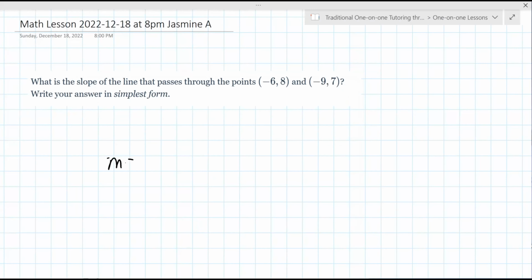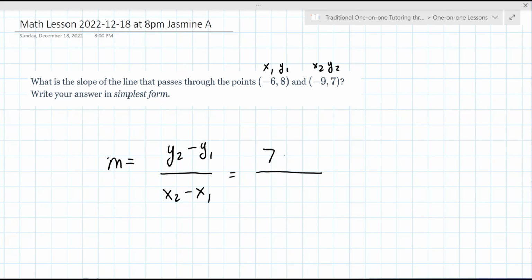The slope is y2 minus y1 over x2 minus x1. And your points here are x1, y1, x2, y2. So we take that second y value, 7, and subtract that first y value, 8. X2 is minus 9, and then you subtract x1, which is negative 6.